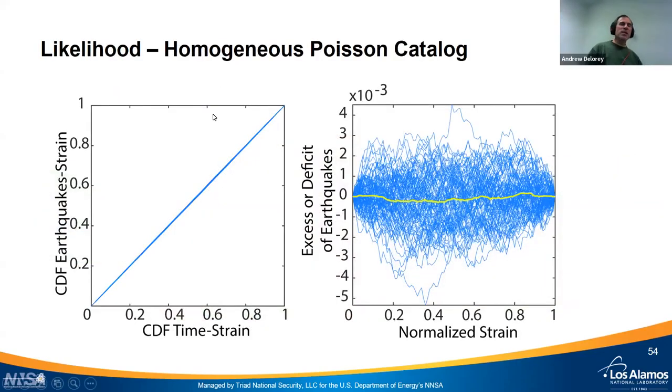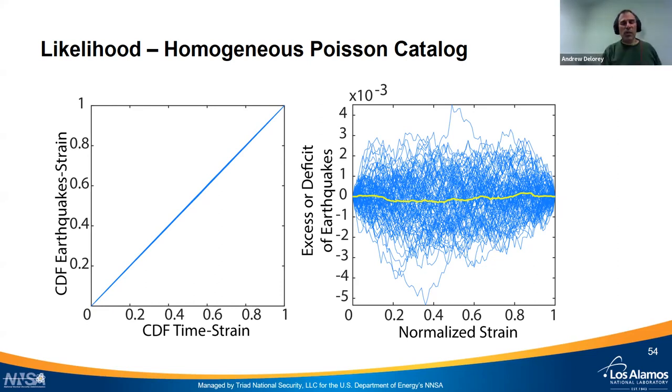And so what I'm doing is I'm looking at the correlation between earthquakes and earth tides. And the way that I'm going to show this is in terms of a likelihood function. And so what I do is I have two different cumulative distribution functions.